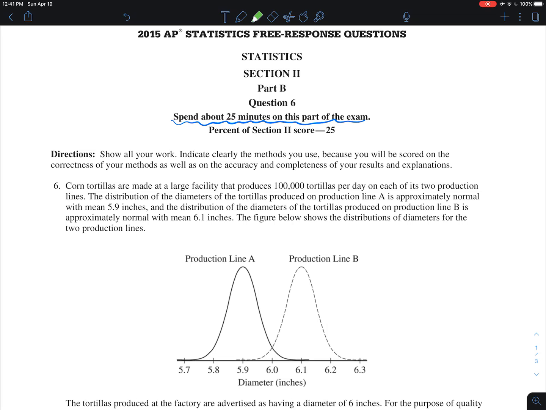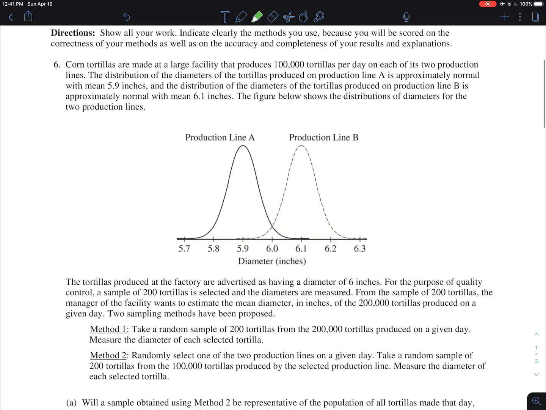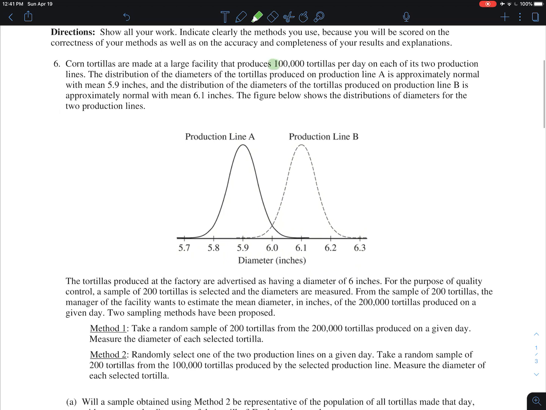Corn tortillas are made at a large facility that produces 100,000 per day on each of its two production lines. The distribution of diameters of the tortillas produced at line A is approximately normal, we like that, with mean 5.9. And the distribution at B is also approximately normal with mean 6.1, and we can see that here.